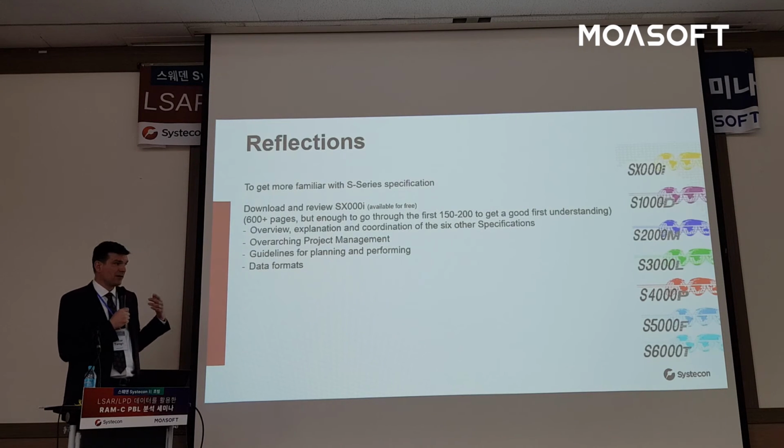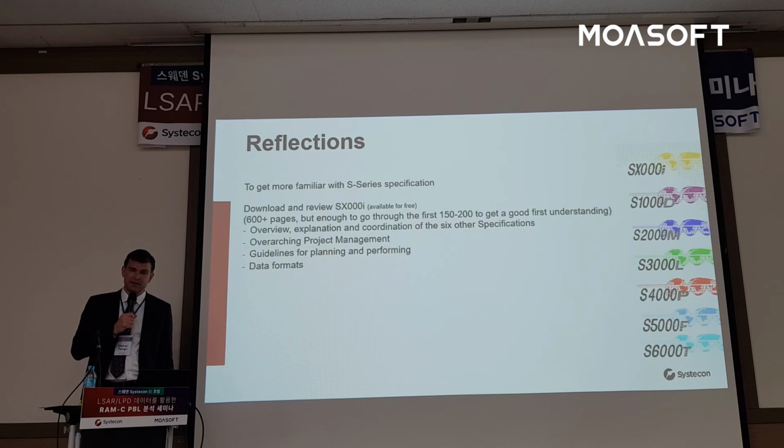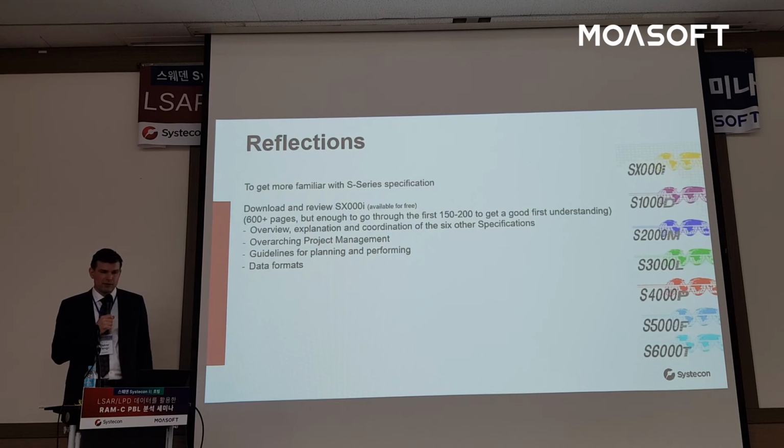The rest, a lot of it, is really data formats and this XML model for data exchange. So to review that and browse through that gives a very good first understanding of the standard and for how to continue looking at the others.